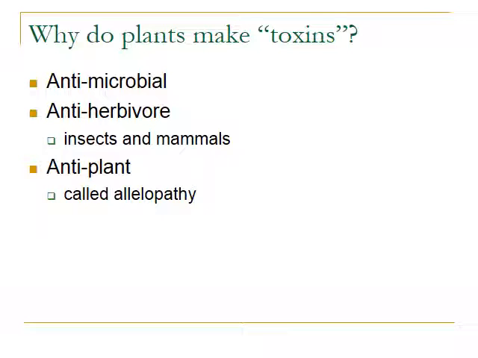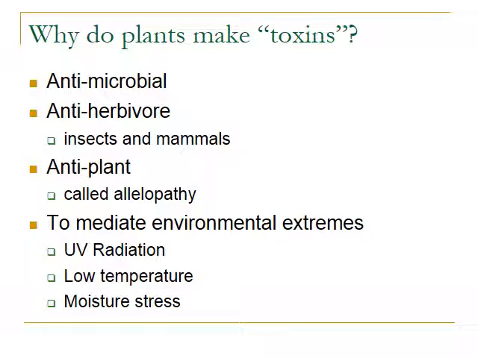Anti-plant compounds are called allelopathic compounds, allelopathy. In the video by Barton from the University of Wyoming, he talks about knapweed, which has a known chemical that it exudes from the roots, and it stops other plants from invading into that space and taking nutrients and water out of the soil. So that's an anti-plant compound.